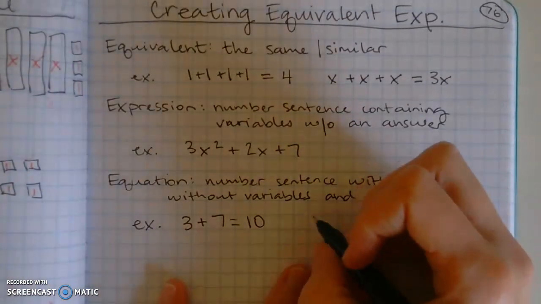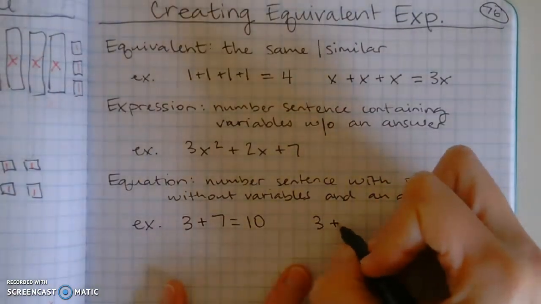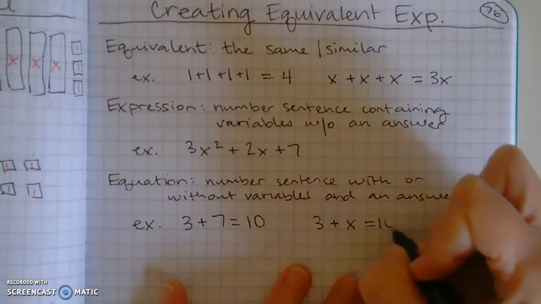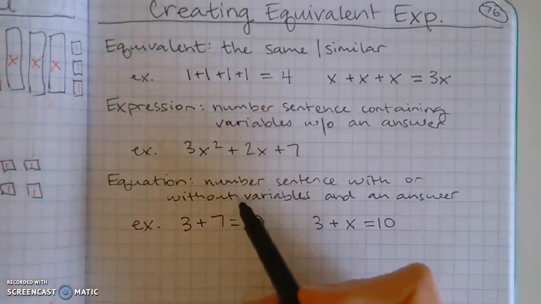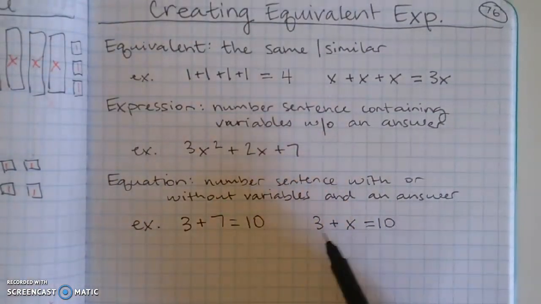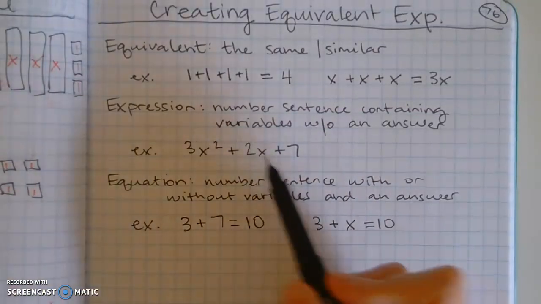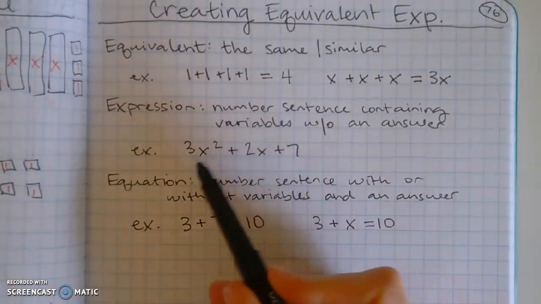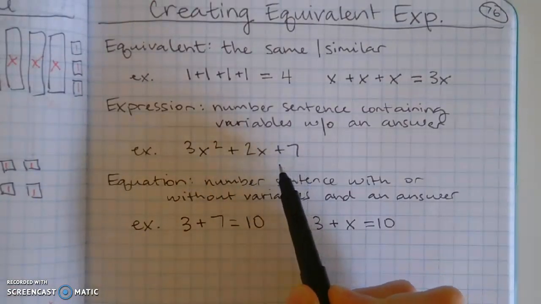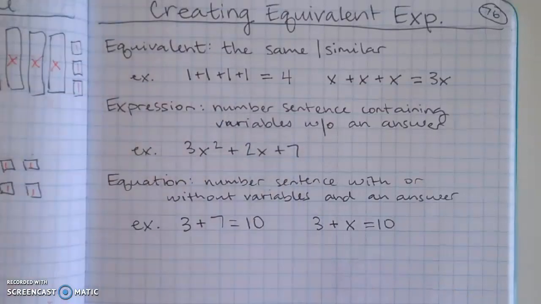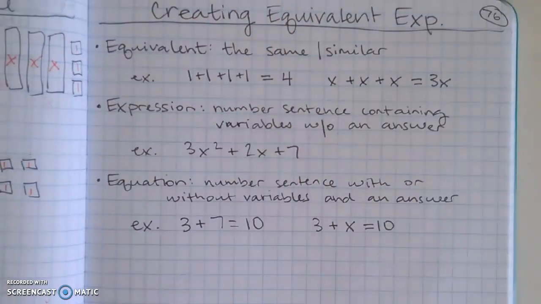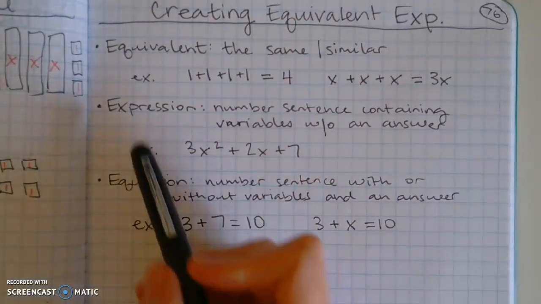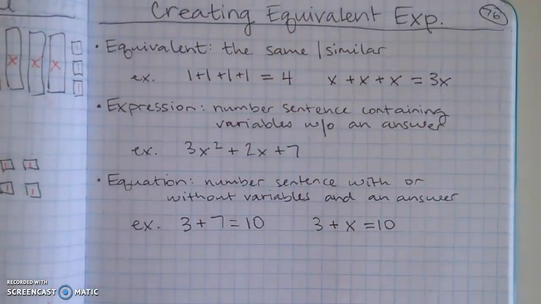Or I could have something like 3 plus x equals 10, because I can now figure out what x equals. It has all of the information I need to find the variable. Here, in my expression, I can't find the answer without knowing what the variable stands for. So that's a little bit of the difference between expression and equation. What we're doing today is focusing on the expression part, equivalent expressions.